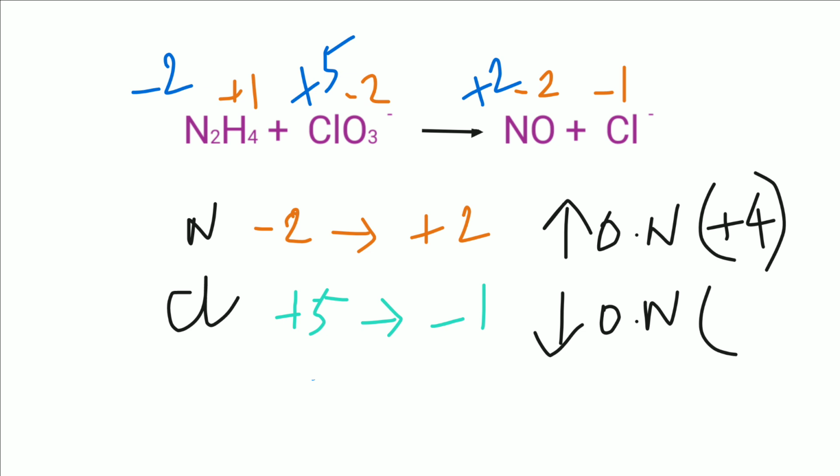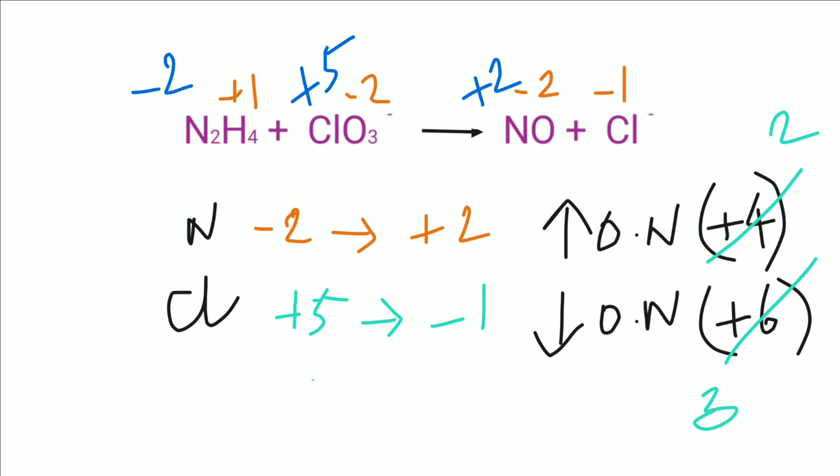Greater number minus smaller number: +5 minus (-1), that is +5 plus 1, equal to +6. The increase and decrease are multiples of 2, so we can simplify. This becomes 2 times, this becomes 3 times.